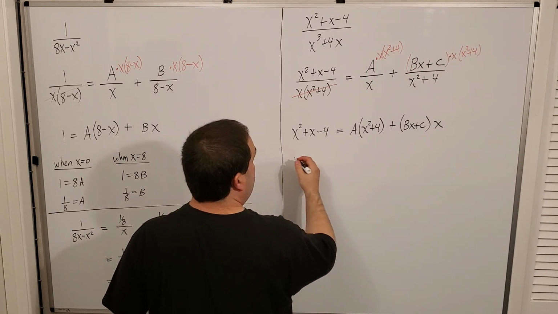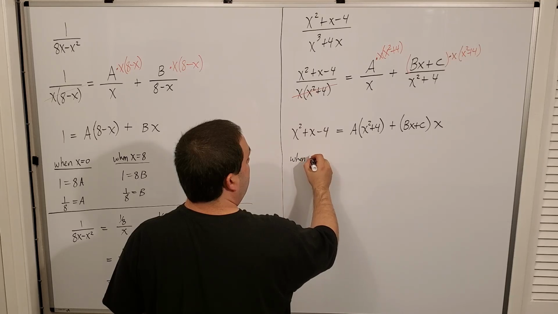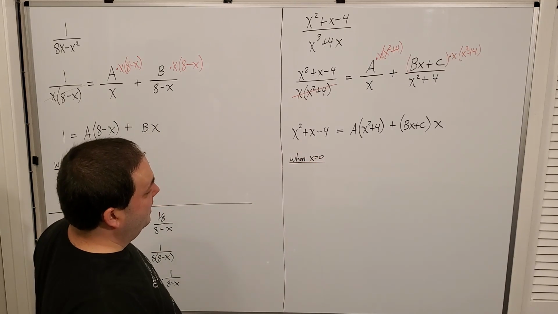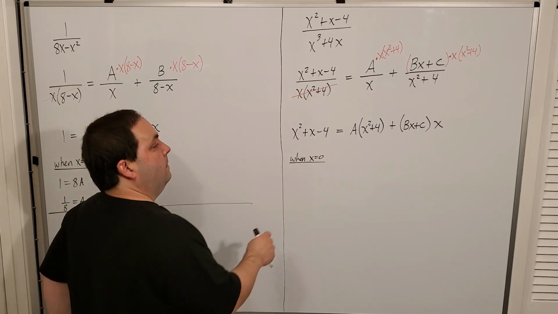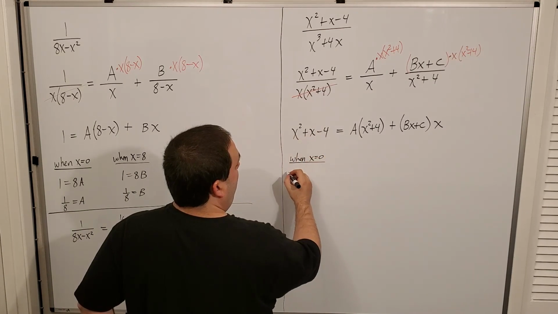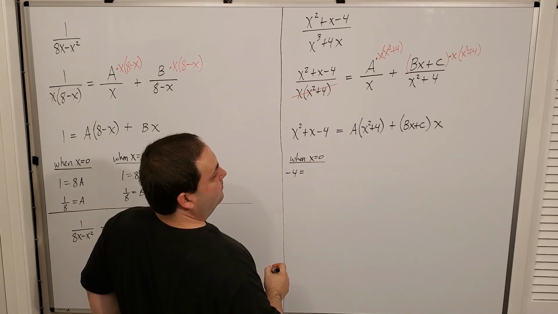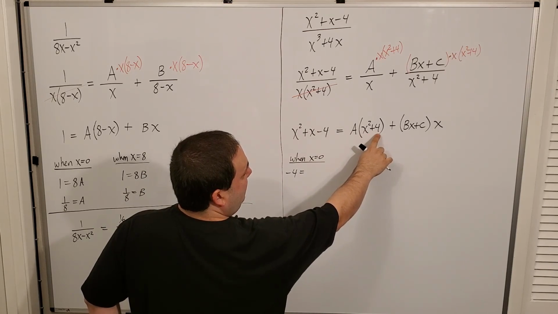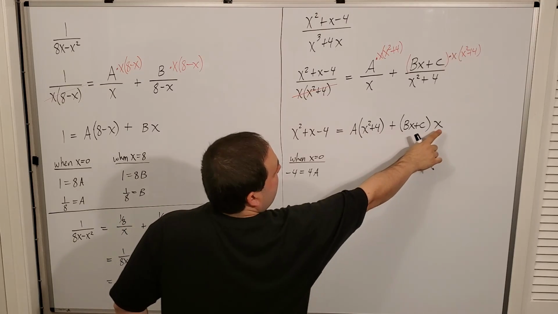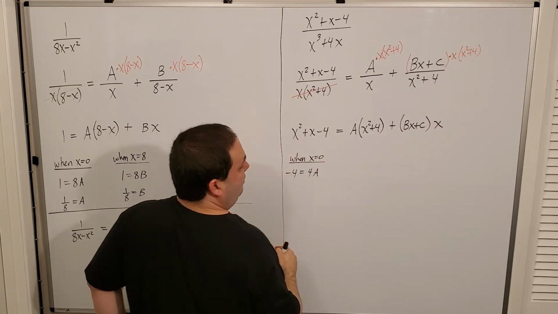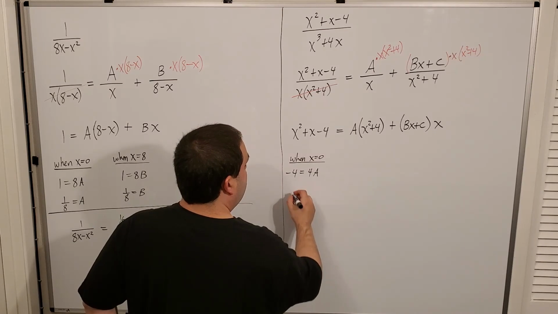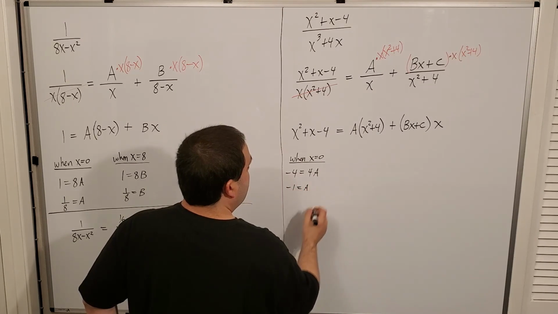If I let x be 0, so we just say when x is equal to 0, then this is 0, I get negative 4 on the left-hand side. This is 0, so I get 4 times a, plus this is 0, and it multiplies out the whole thing. So I'm just left with negative 4 equals 4a. So in other words, a is negative 1.